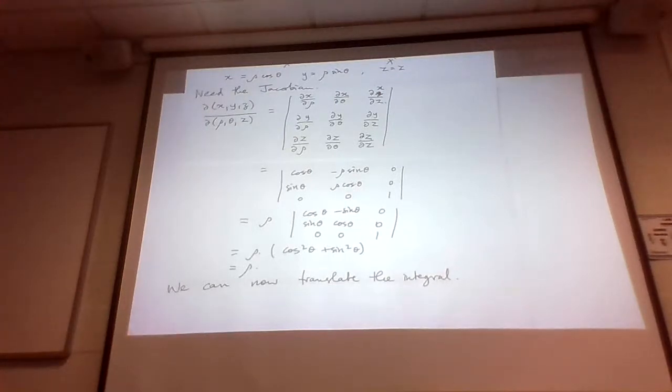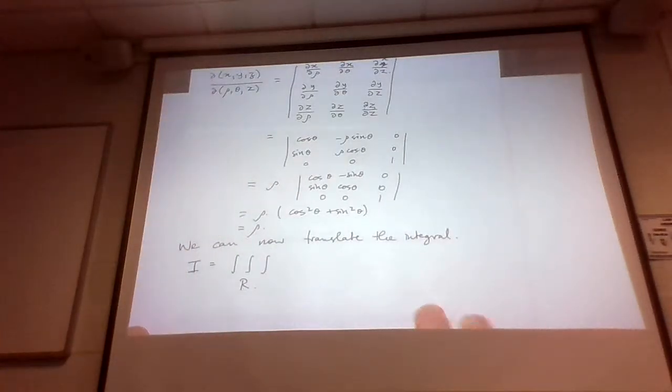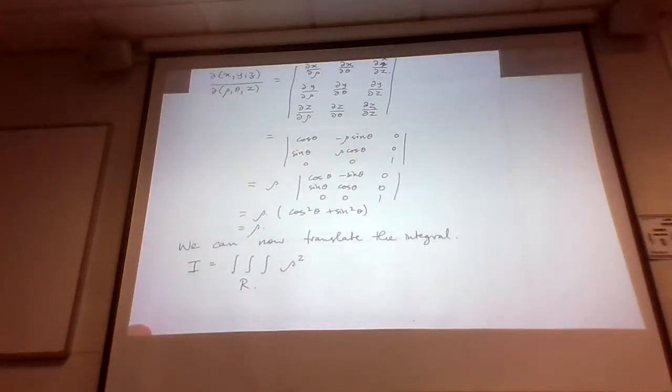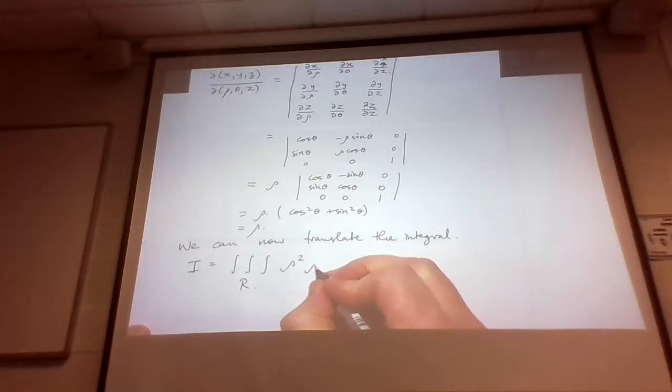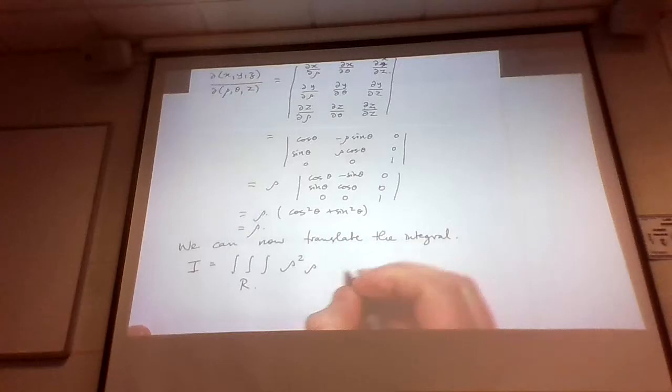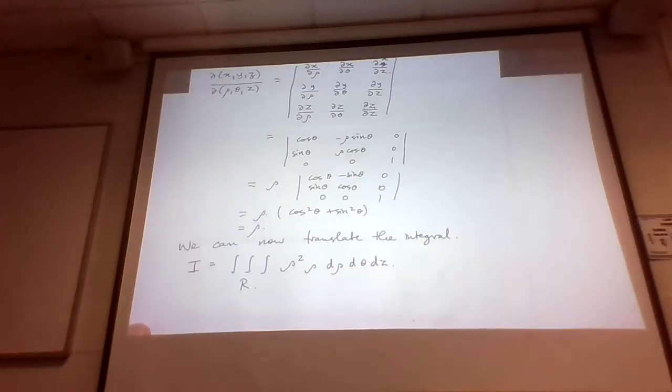So returning to the integral now, we'll worry about limits in a moment. So it's a triple integral over R. Well, the function we're integrating is already expressed in terms of the new coordinate system. And then you've got an extra rho for the Jacobian, d rho, d theta, dz.